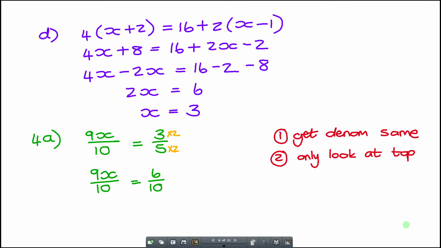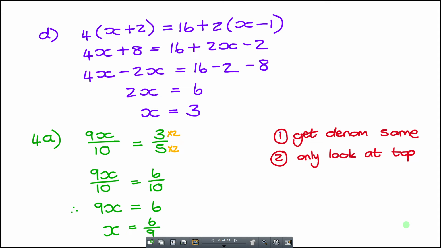So meaning I can say 9x is equal to 6. Do you guys get that? Now it looks like everything that we had in number 1, 2, and 3. So what would I then do? Usually we get rid of the coefficient. So it's times. If I take it over, it becomes divide. So x will be 6 divided by 9.